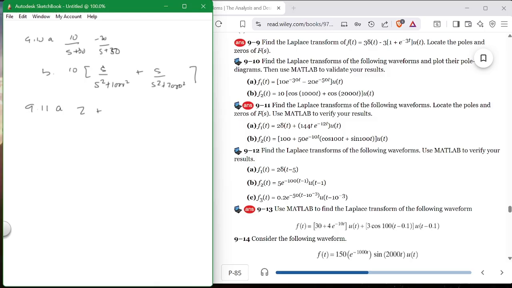So, would it be 1? Or no, it'd be 144, times something. Or wait, no, 144 is just a constant, so it just goes on for the ride. But what's the t e to the minus 12t? What is that one? Sounds right.